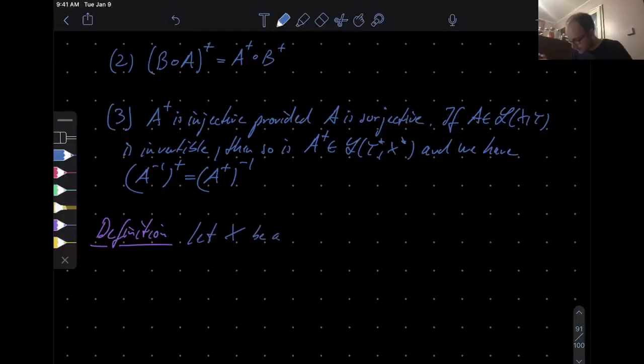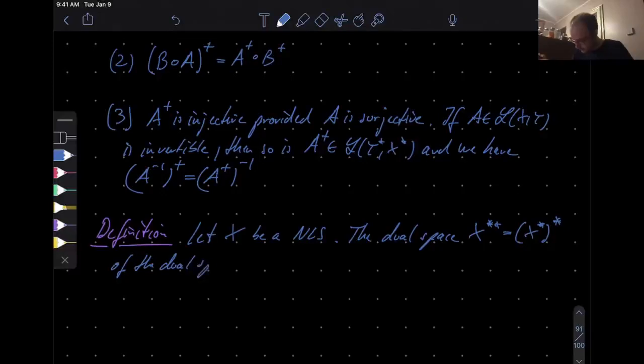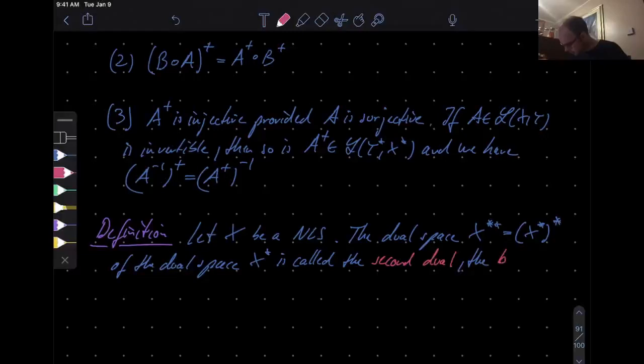So let X be a NLS. The dual space of the dual space, so X double star, these are the linear functionals that act on linear functionals on X. It is called, there are many names for the same thing, the second dual, bidual, or the double dual.